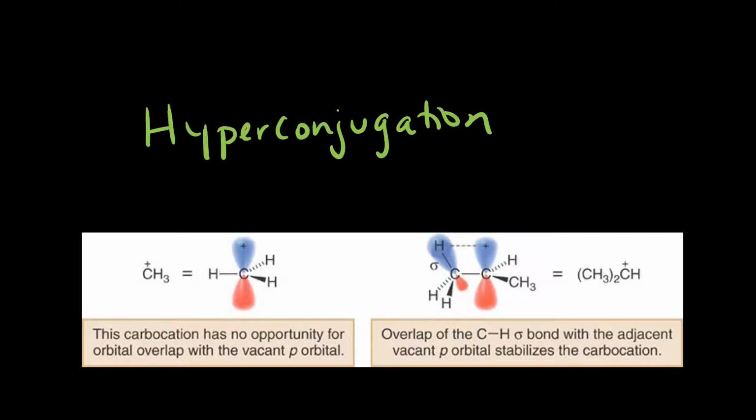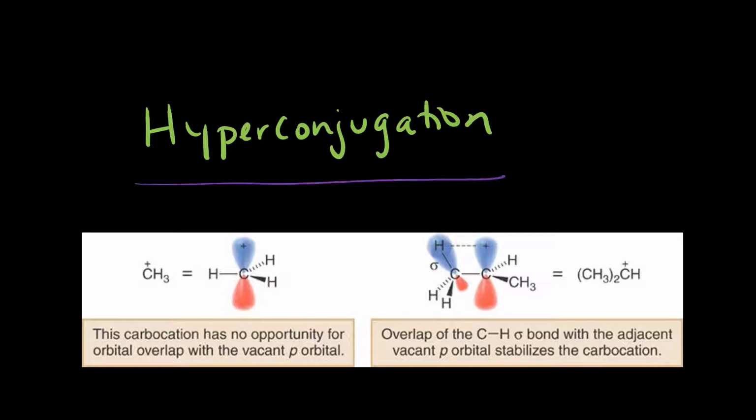The second reason that R groups help to stabilize a carbocation is a little bit abstract, but it's something called hyperconjugation. And this diagram is actually directly out of the textbook. They do a much nicer job of drawing pictures than I do.